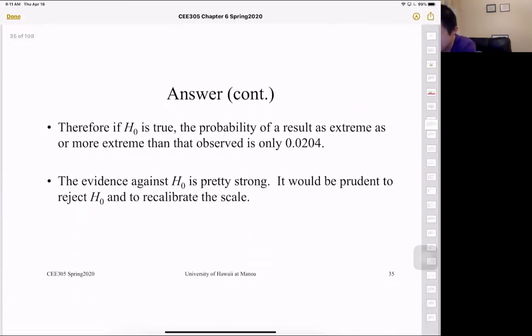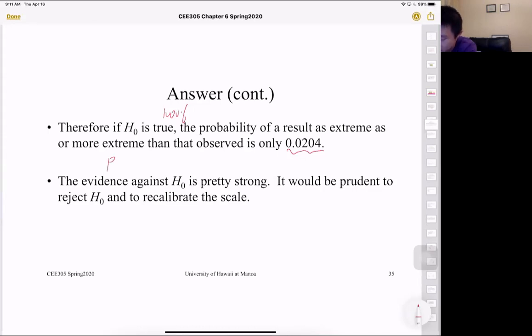So we can see if we assume H0 is true, then the probability we observe an average of 1,000.6 or even larger than that value, more extreme than that value, is only about 2%. So the chance is very small.